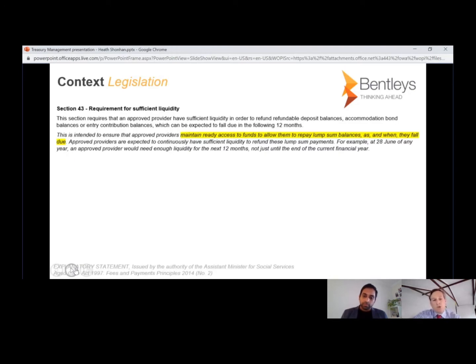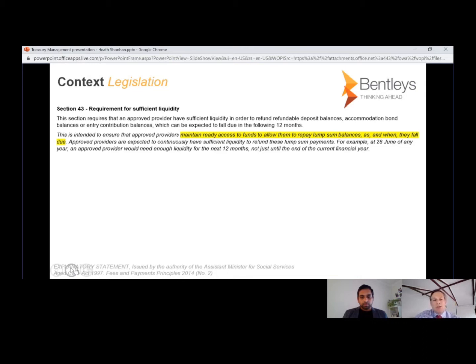Part of the driver and the context around this, though, that most residential aged care providers particularly will be aware of is that they have some prudential obligations under the Aged Care Act. And here are some extracts from the relevant sections of the Act and the supporting and supplementary document.